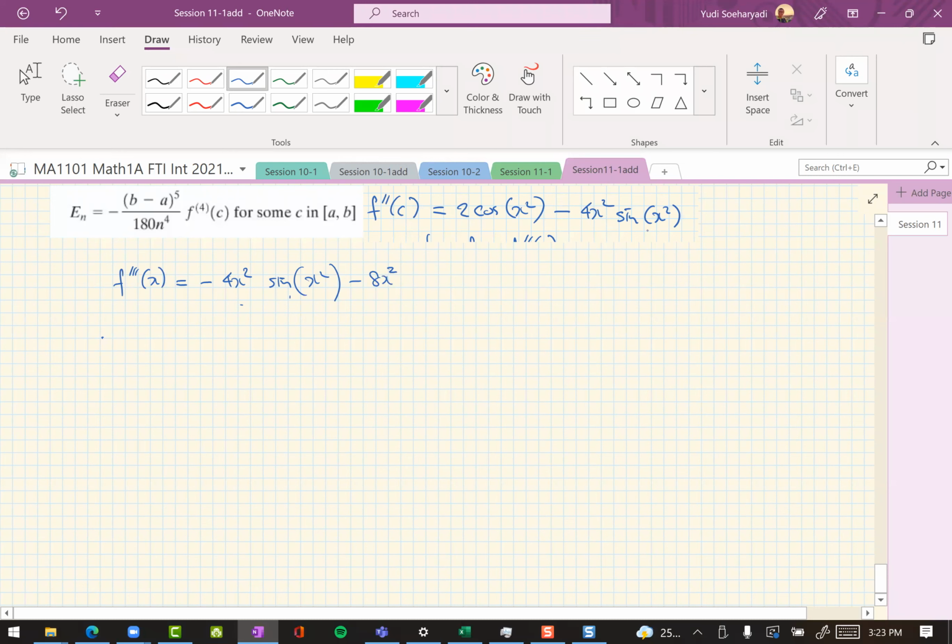Oh, sorry, 8x times sine. Sine becomes cosine, so another 2x.